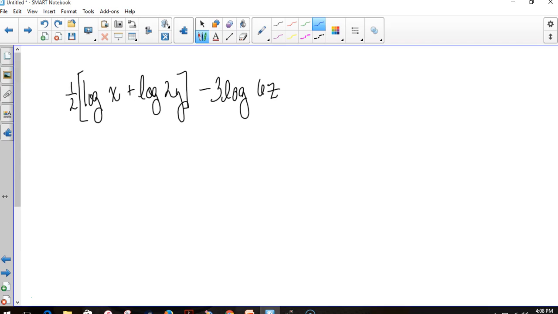So if I had 1/2 times the quantity log x plus log 2y minus 3 log 6z, I'm going to go through the process of condensing this together. I'm going to start with parentheses. You almost always want to start with the parentheses. And then you're going to go to your power to a power rule.